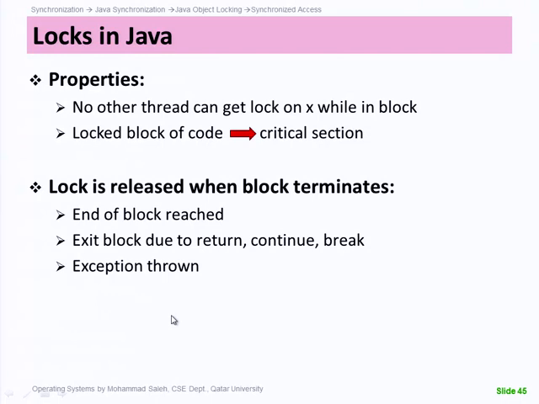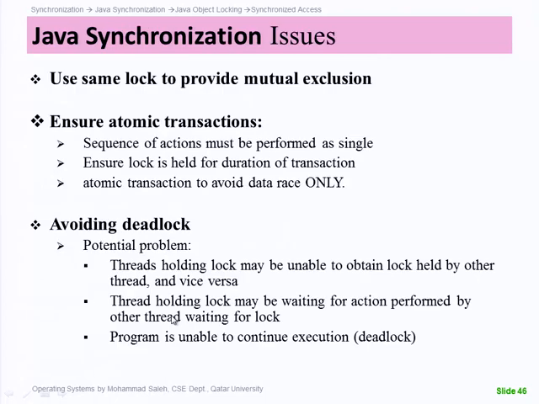Now, the lock of the segment that has synchronized will be freed, will be unlocked, when that block terminates. But the termination could be reaching the end of the method or the end of the segment, because it could be only a portion of the method. Or if we have a return, continue or break, or we have an exception thrown by the method. So any one of these reasons will release the lock.